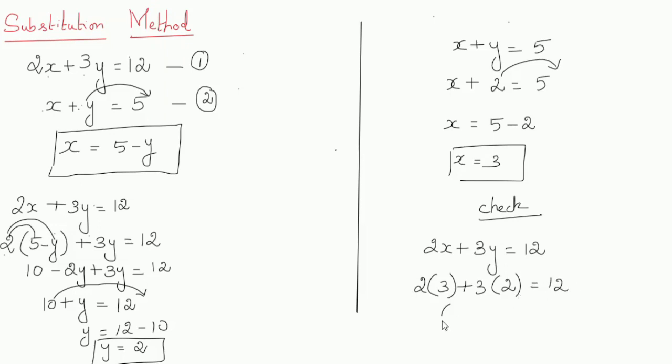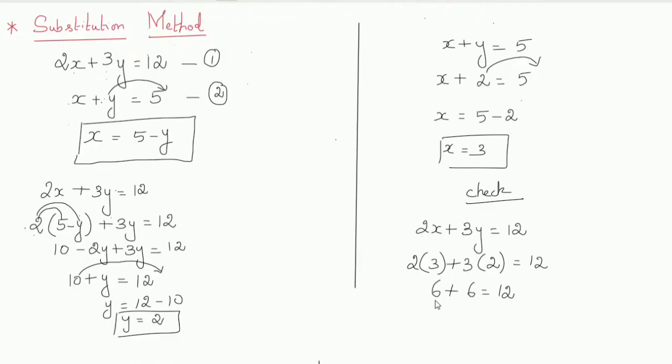So 3 times of 2 is 6, plus 6 is equal to 12. So after substituting the values of x and y, if the left hand side is equal to right hand side, then the values for x and y are perfectly correct. This way we can ensure that the values are right or wrong.